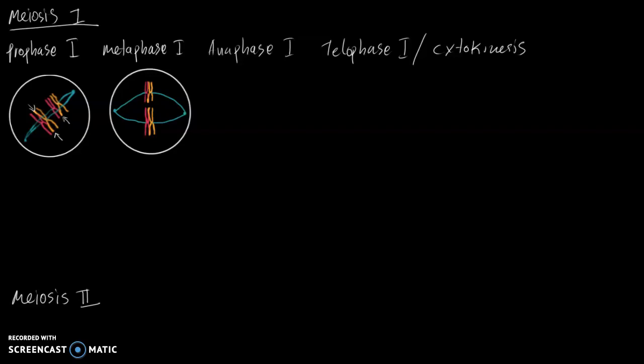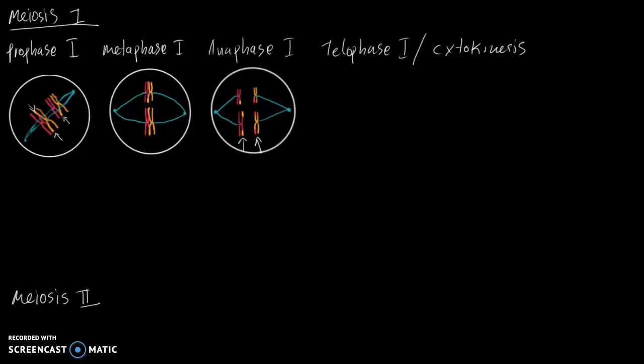In anaphase I, the spindle fibers pull the homologous pairs apart to the opposite ends of the cell. And you can clearly see the exchange of genetic materials between the two homologous chromosomes. A section of this chromosome here is pink, and the other chromosome has a little bit of yellow here.